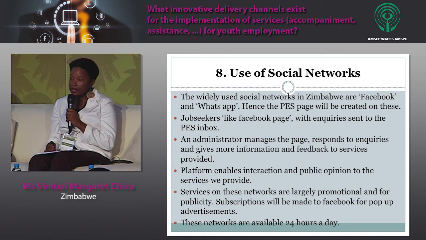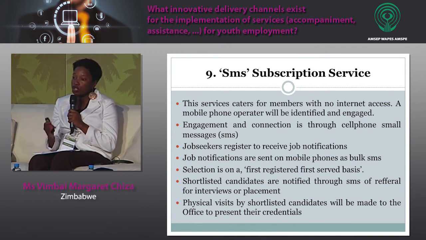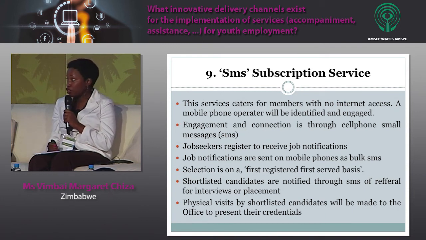Not everybody can use this, as we notice that we also have rural folk, and some of the rural folk might not be able to use the internet. We hope to use an SMS subscription service to cater for the people who don't have internet access. This will enable job seekers to receive job notifications.